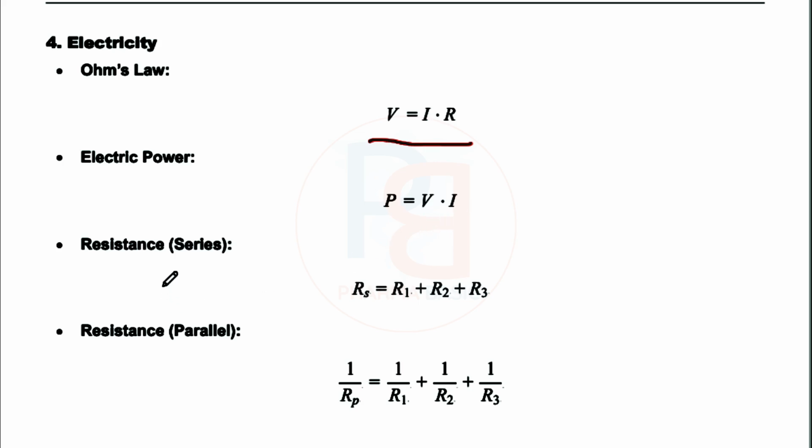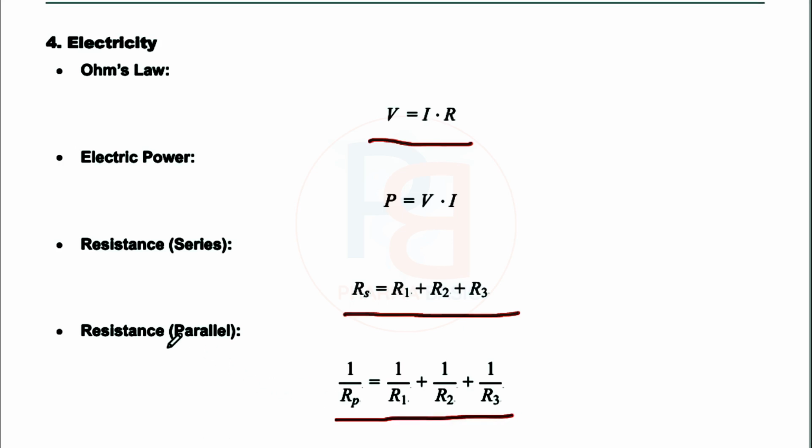Now resistance. If we connect 2 or more resistances in a series connection, then the total resistance will be R1 plus R2 plus R3 and so on. And if we connect the resistances in parallel, then 1 by R total is equal to 1 by R1 plus 1 by R2 plus 1 by R3.